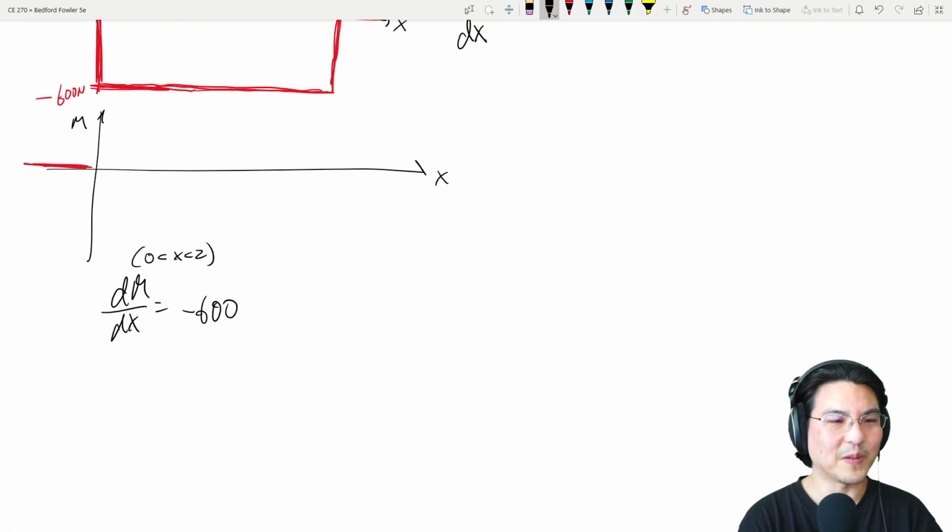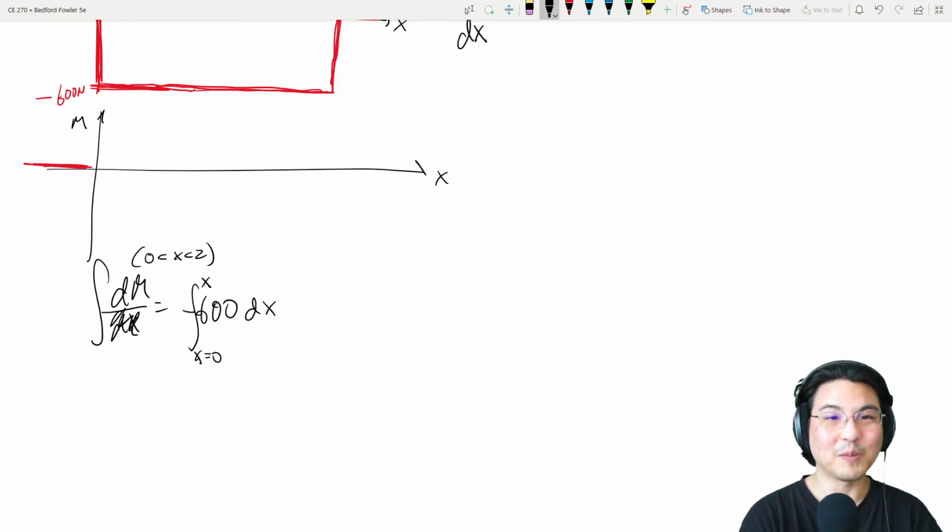Okay, so then how do you solve for bending moment? Move dx over here. Integrate both sides from 0 to some x between 0 and 2, M at 0 to some M between 0 and 2. So it is minus 600x from 0 to x. What does that look like?